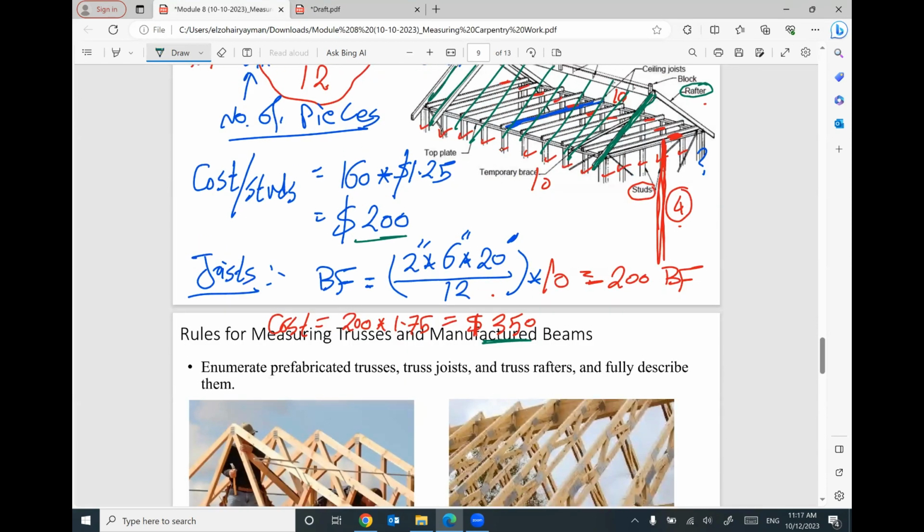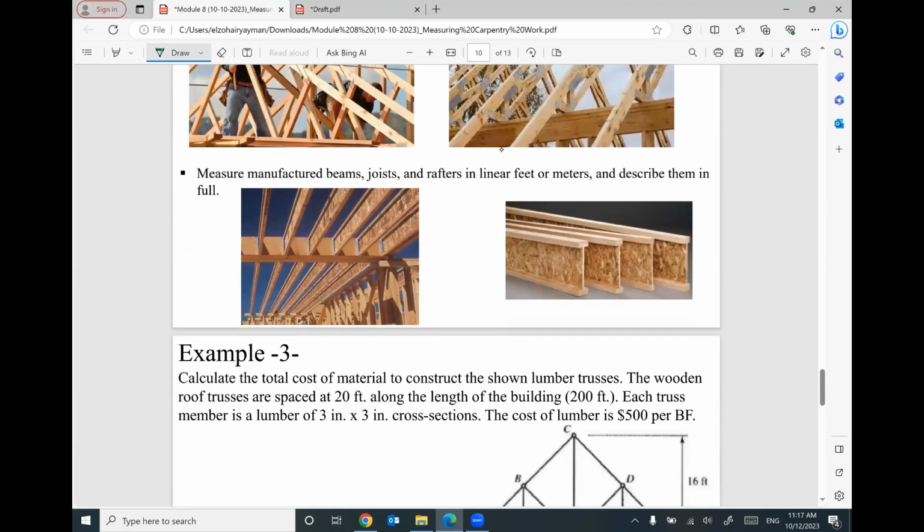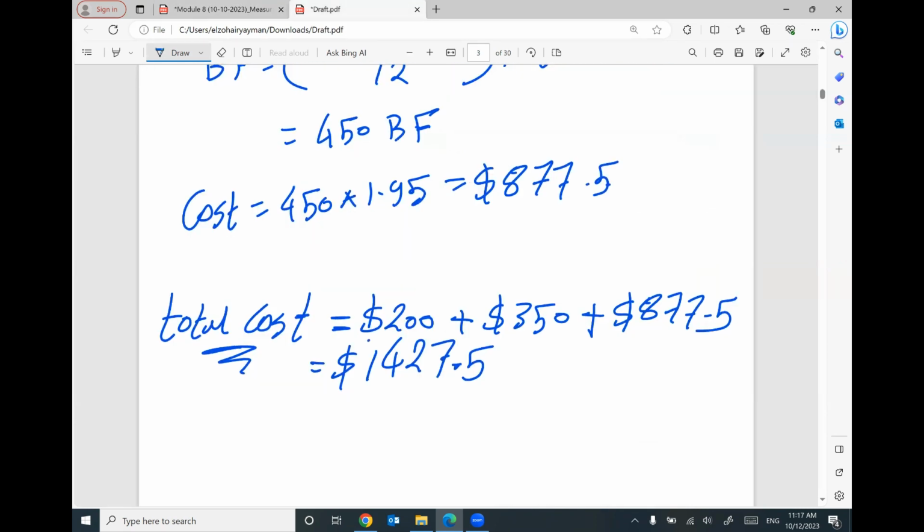Keep in your mind, sometimes we have composite cross section. Composite section. What do you mean by composite section? It's not natural in real life to have a cross section looks like this, but we have different pieces.